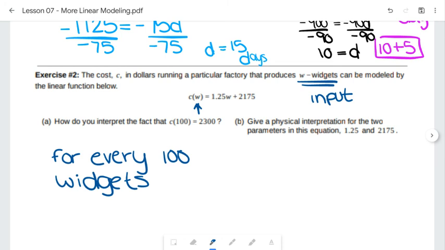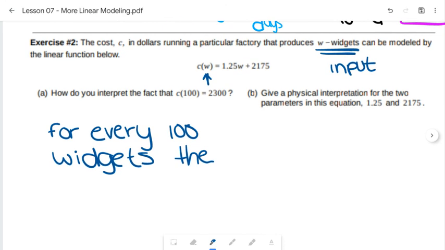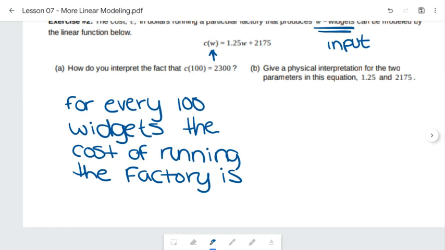So for every 100 widgets, the cost of running the factory is 2,300, right?